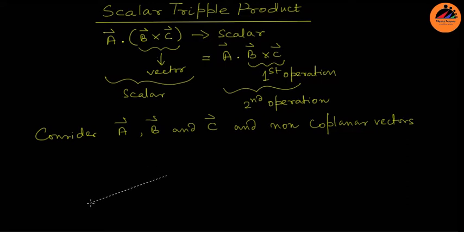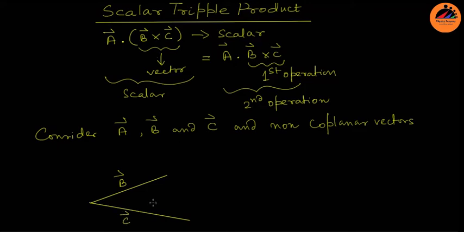Suppose this is A. This vector is A. Take this as B. Take this green as C. Oh, this is also yellow, never mind.